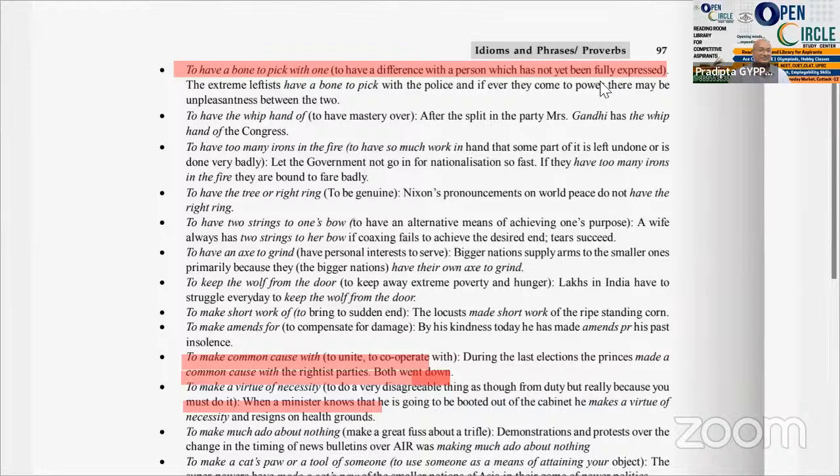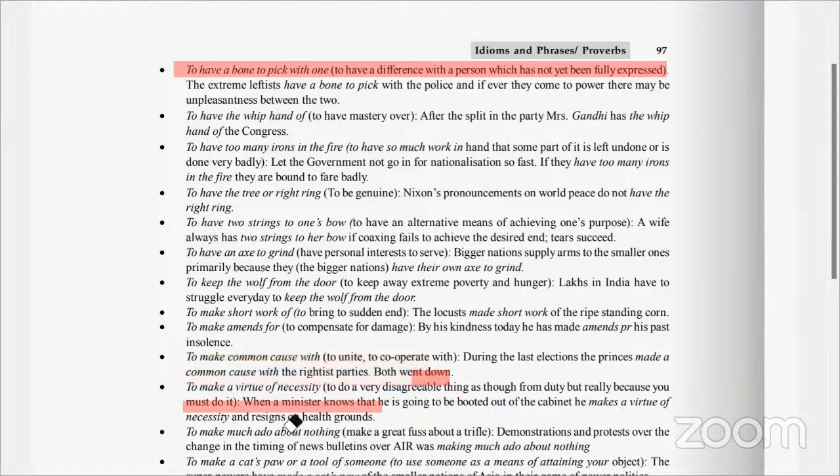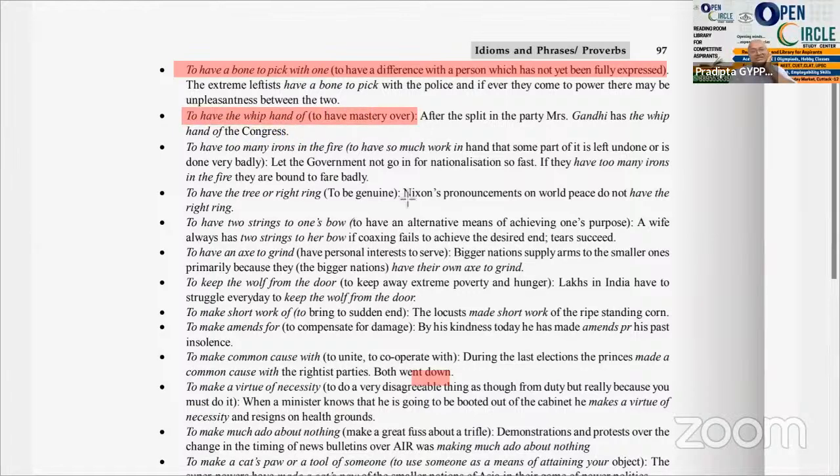Next one, please. To have the whip hand of, to have mastery over. Not mystery, mastery. What is whip hand? Whip hand is like when a magician holds a magic rod.